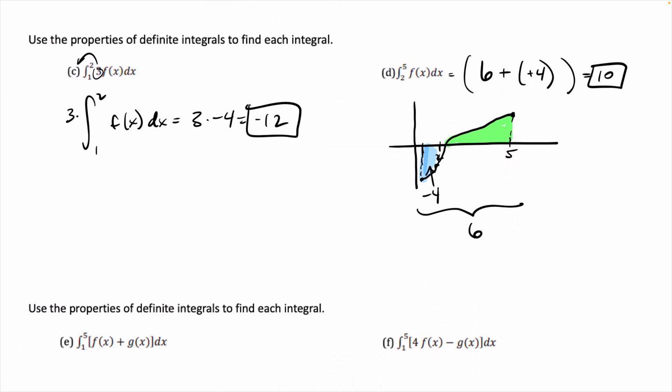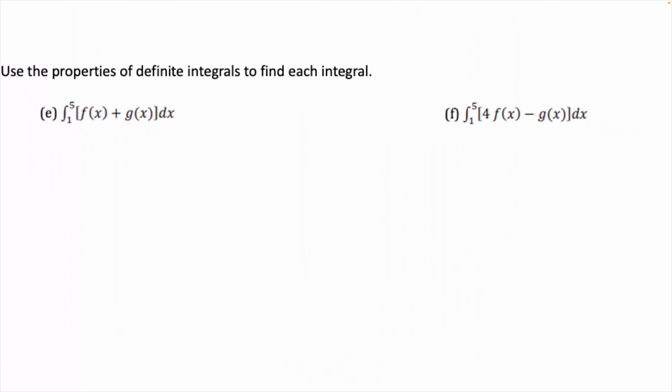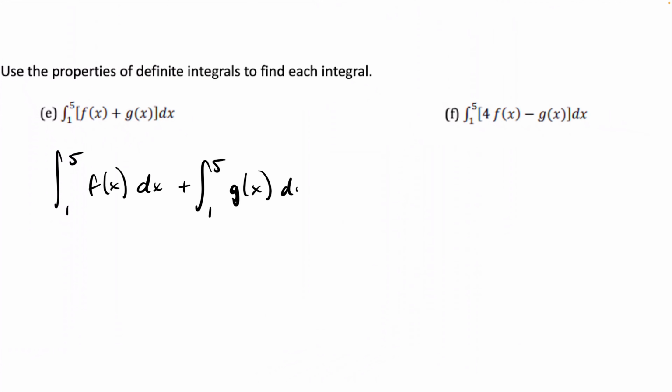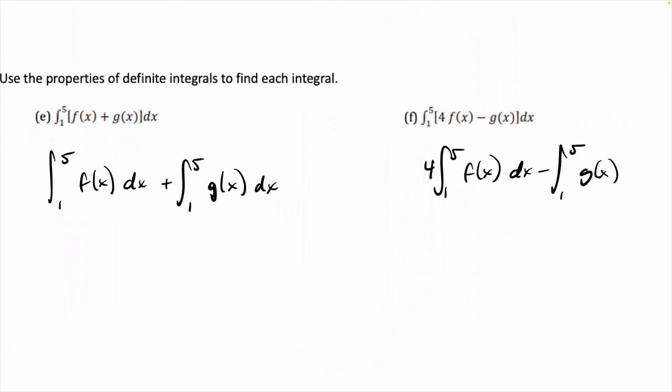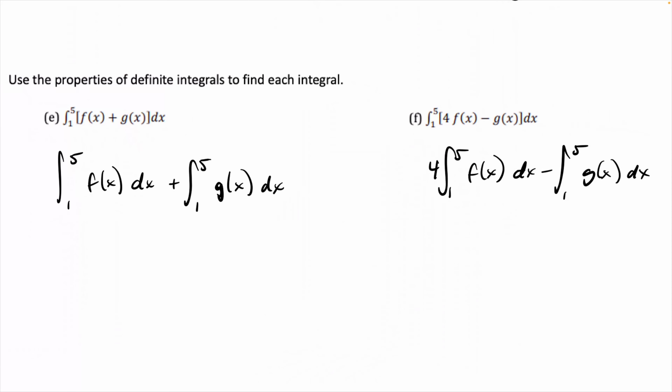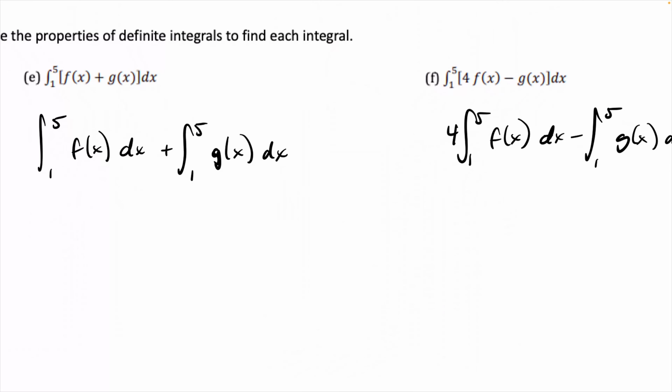E, you just break them up, add them together. F, you subtract, but you got to move the 4 in front first. So I won't finish E and F, but I'll show you at least how I did it. So you find the area for both, add them together.